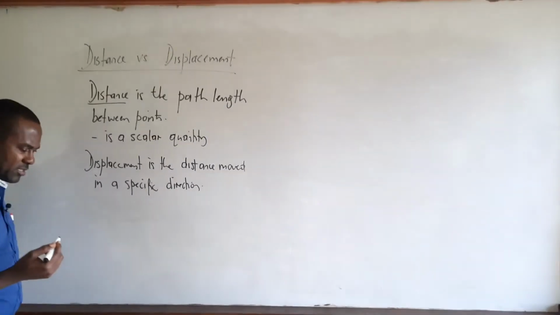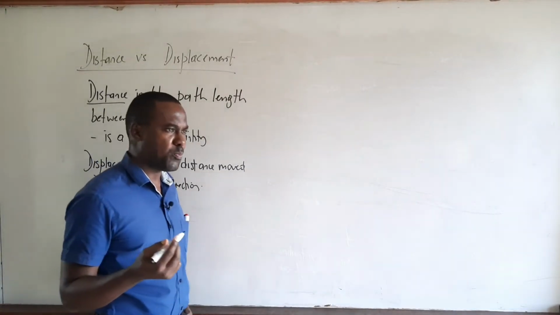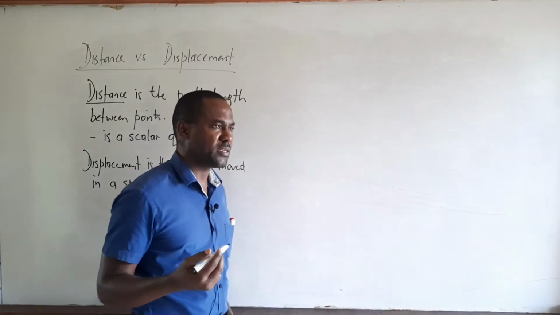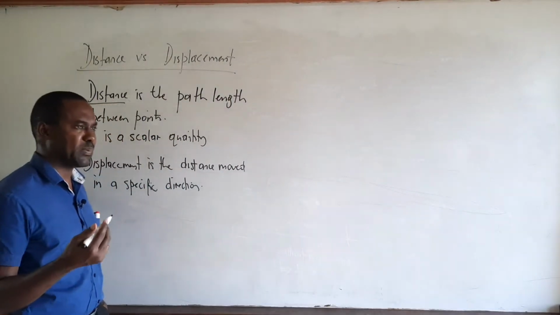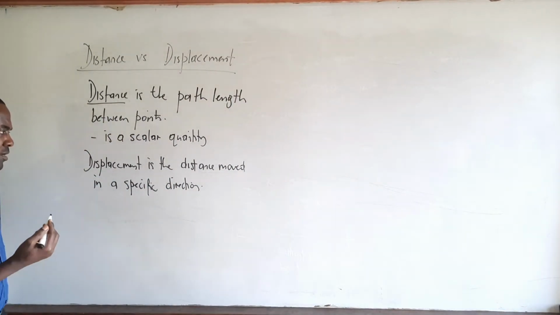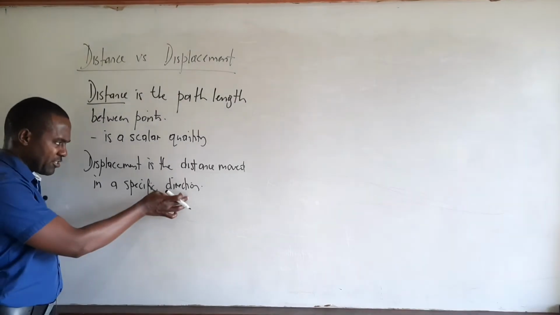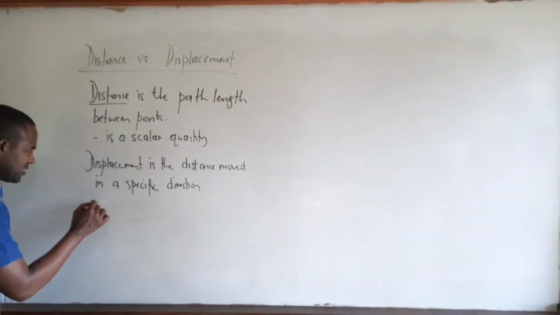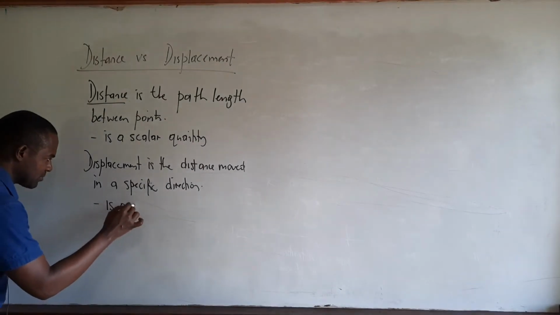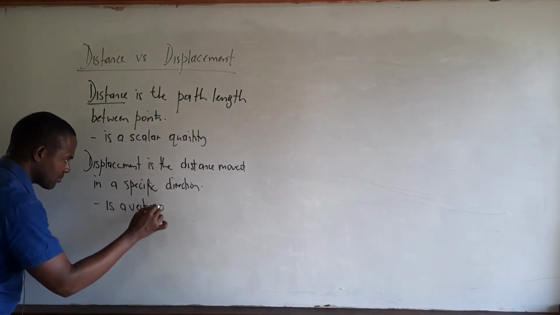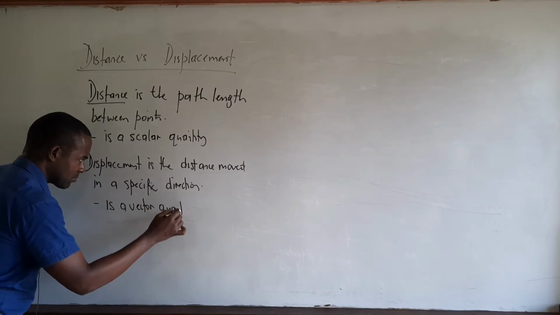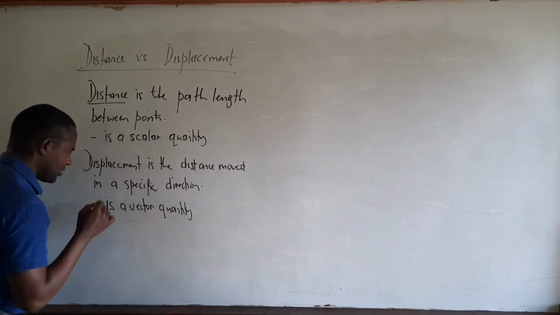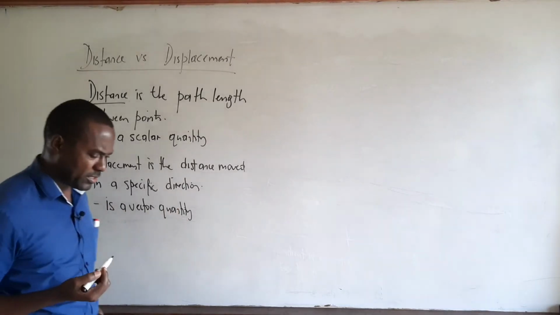So distance is the path length between 2 points, whereas displacement is defined as the distance moved in a specified direction. Now, since of course direction is mentioned, then it therefore follows that displacement is a vector quantity. Right? So displacement is a vector quantity.